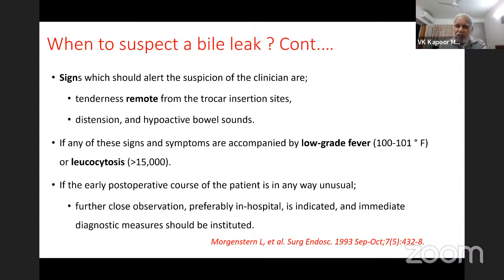If the patient has any tachycardia, tachypnea, fever, hypoxemia, or on a complete blood count any leukocytosis, then again, there is something wrong. And I would repeat, something wrong means bile leak unless proved otherwise. Any deviation from the expected post-operative course should make you suspect that there is something wrong.